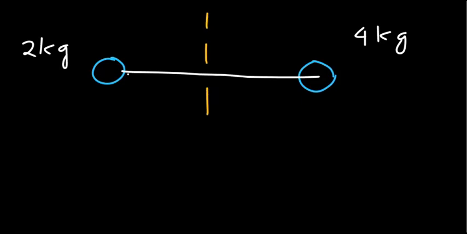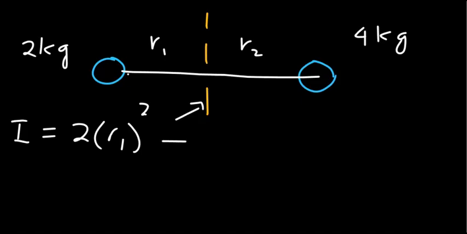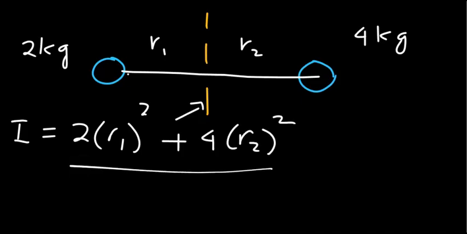The distance of the 2 kg object from the axis of rotation is, let's say, r1, and the distance of the 4 kg object from the axis of rotation is, say, r2. So the moment of inertia about this axis of that system is quite simply 2 times r1 squared plus 4 times r2 squared. As simple as that.